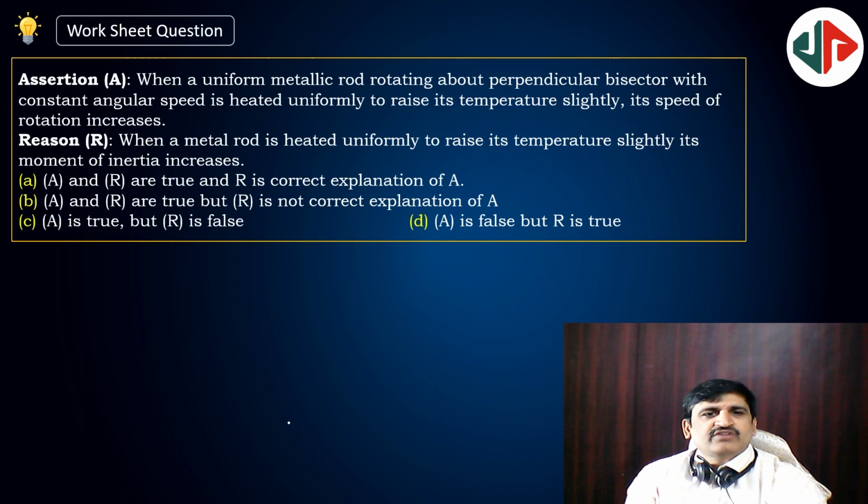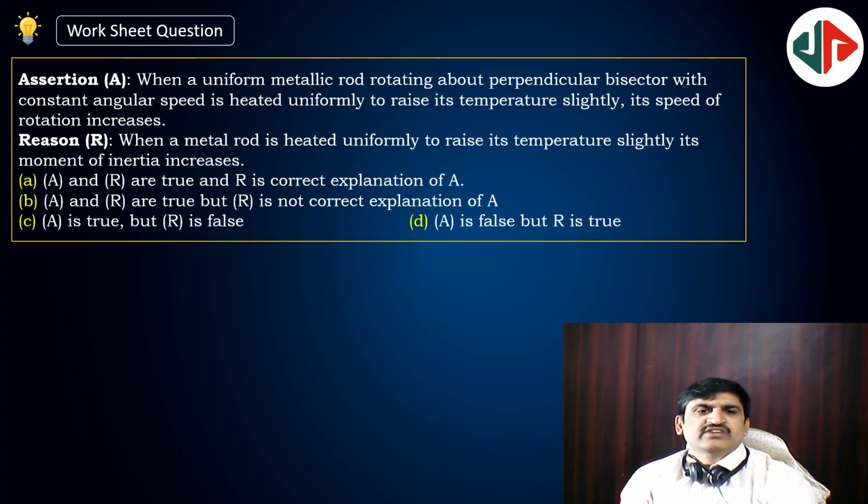When a uniform metallic rod rotating about its perpendicular bisector with constant angular speed is heated uniformly to raise its temperature slightly, its speed of rotation increases. And when a metal rod is heated uniformly to raise the temperature slightly, its moment of inertia increases.